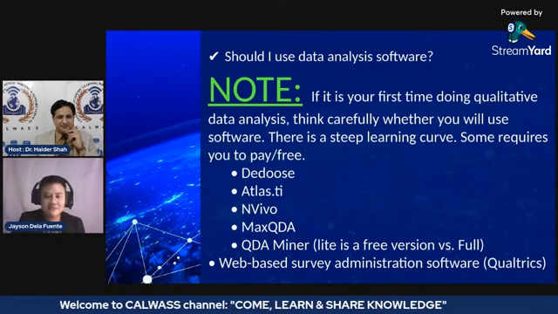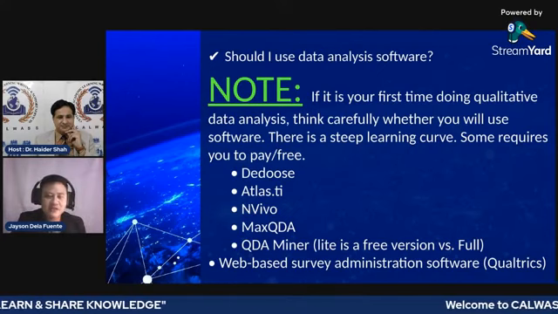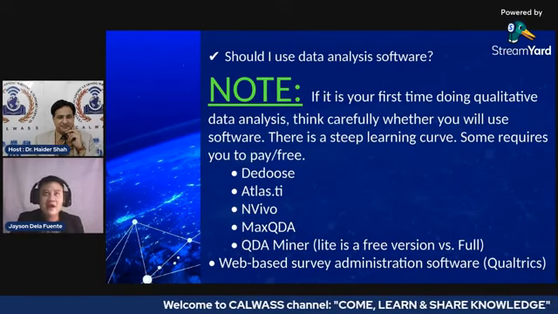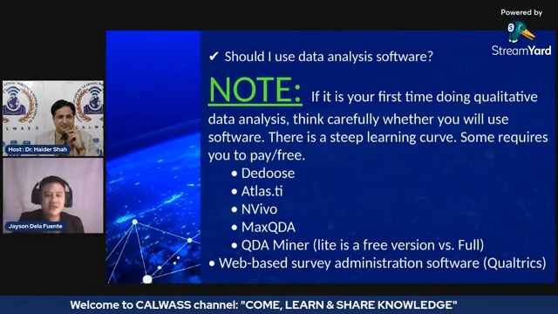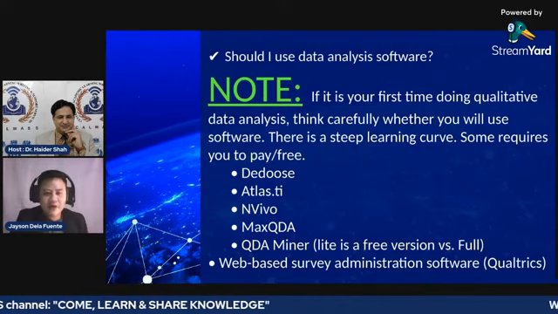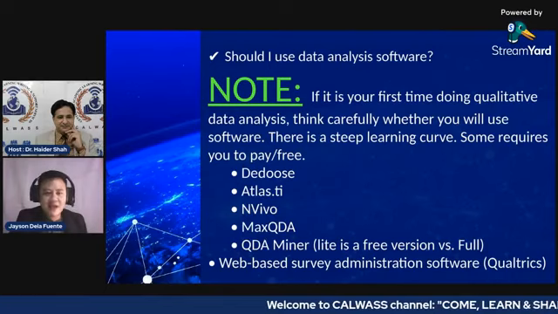These, DDoS, Atlas, NVivo and the others, are actually software. They will help us analyze our gathered data in the interview, to have comfort and ease in dealing with the data that we gathered in the interview.